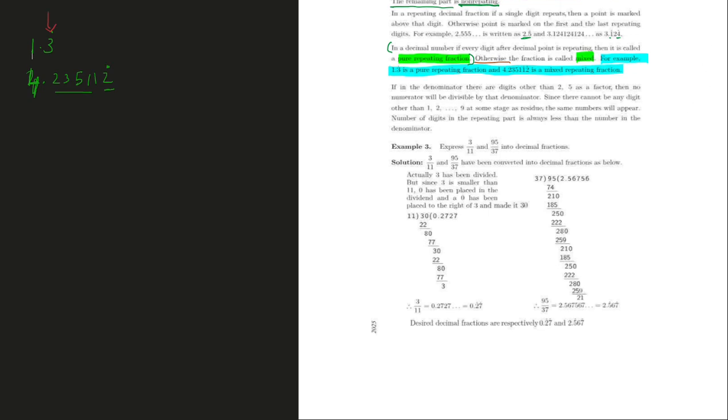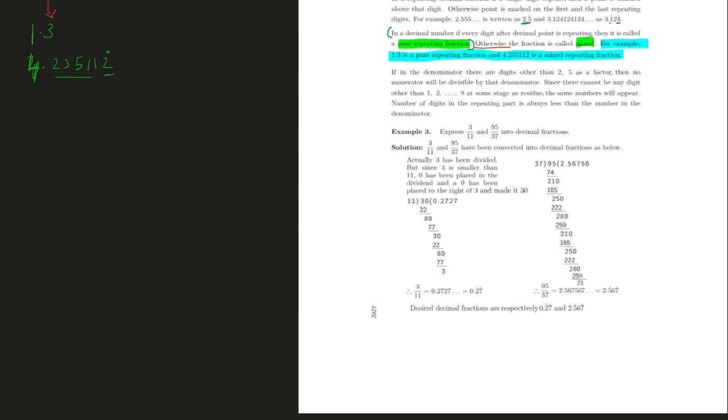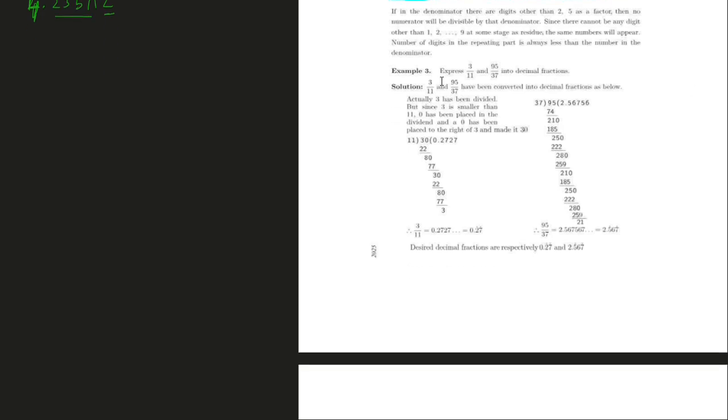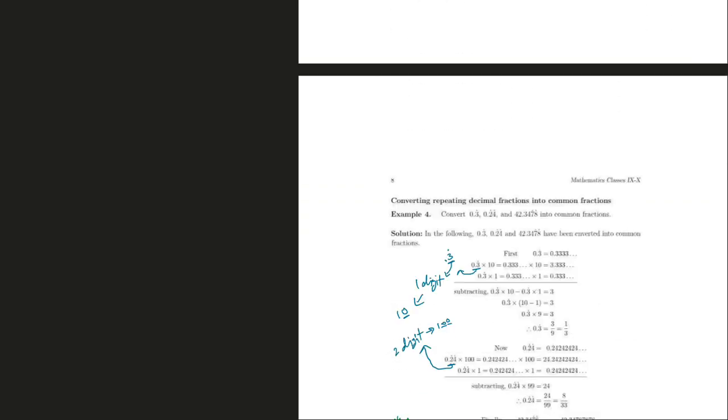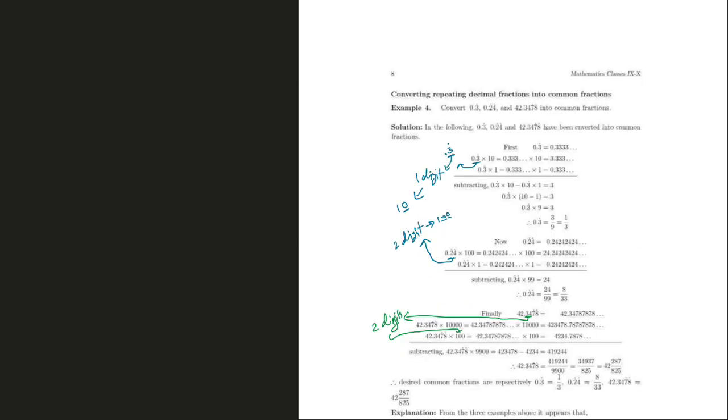So that's what they're saying over here. And then there's another example where they're expressing 3 by 11 and 95 by 37 into decimal fraction. These are just normal divisions we go through. So if you use the calculator, you'll get these results. It's not a problem. We're just trying to familiarize ourselves with the terminologies.